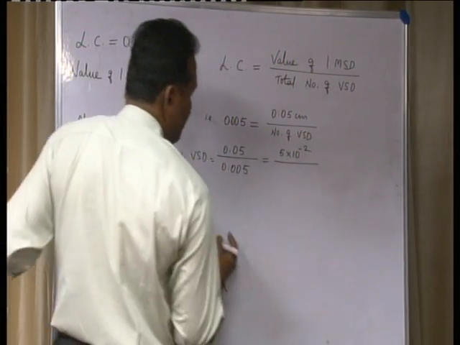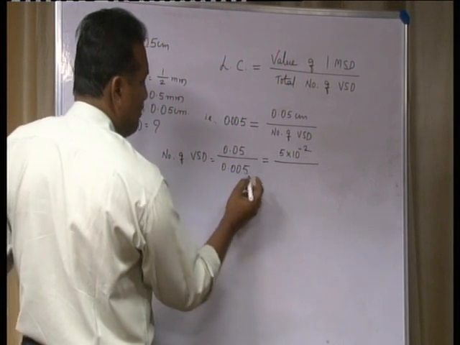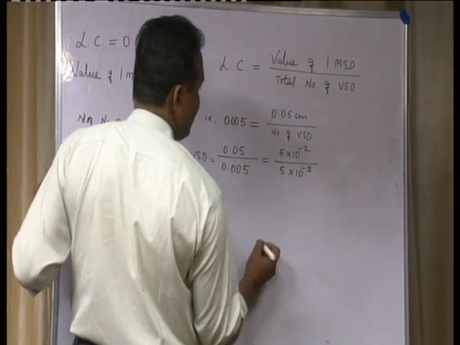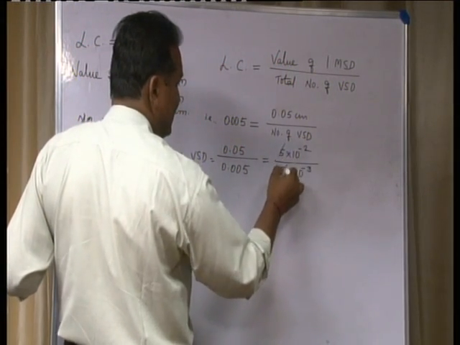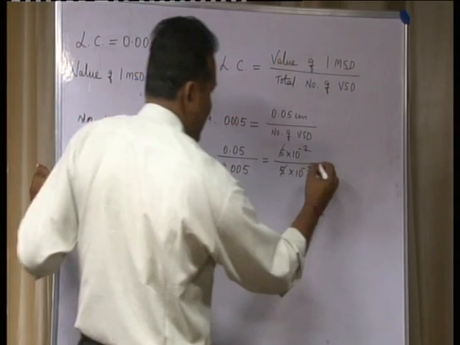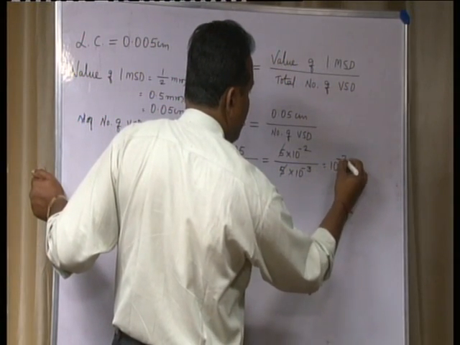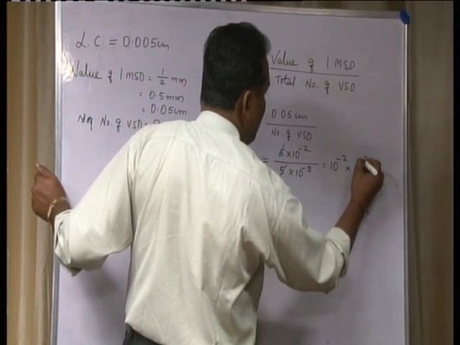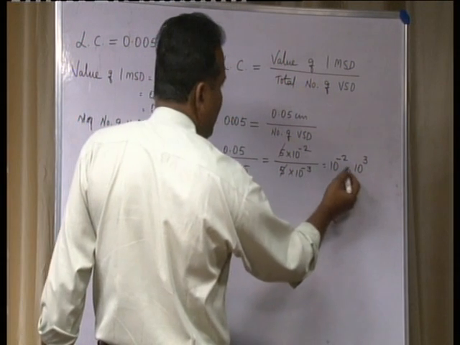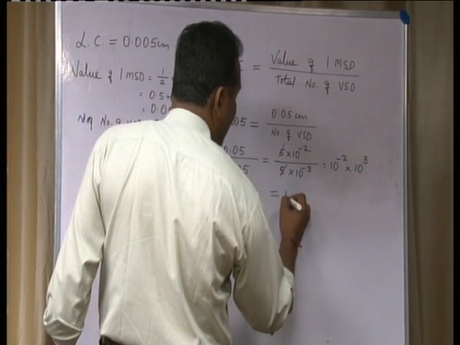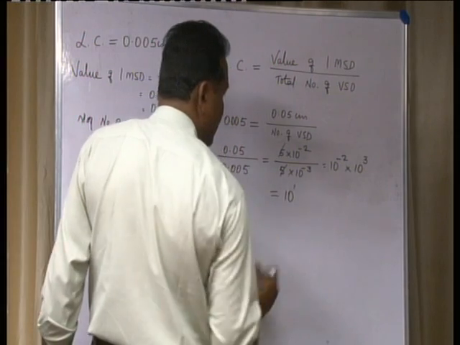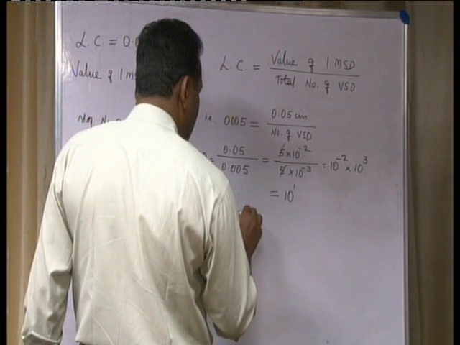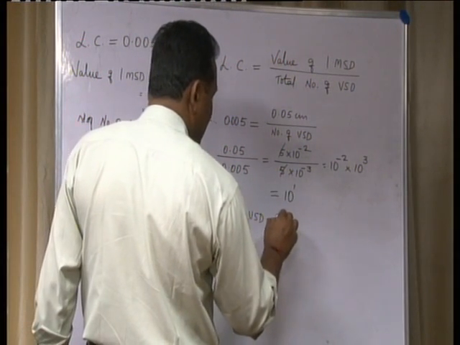By following the same convention, you can rewrite the denominator as 5 into 10 power minus 3 centimeter. This 5 cancels with this 5. So, the numerator is 10 power minus 2. When the denominator goes to the numerator, 10 power minus 3 becomes 10 power plus 3. When bases are the same, powers must be added. It is minus 2 plus 3, it is plus 1. Therefore, the number of VSD in that calipers is 10.